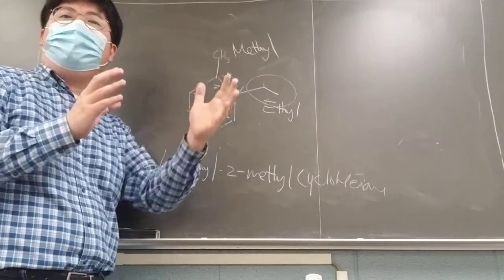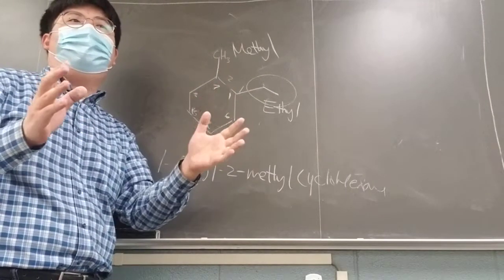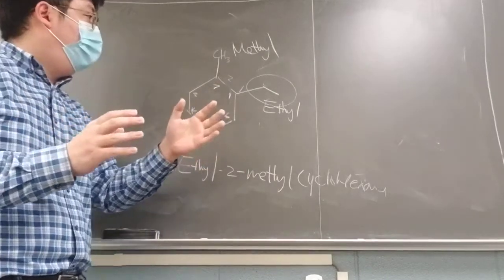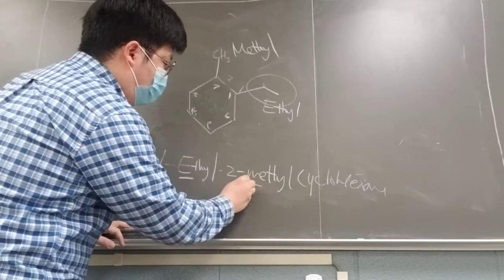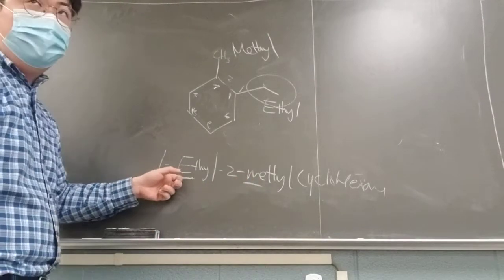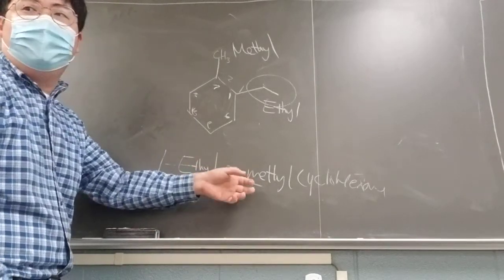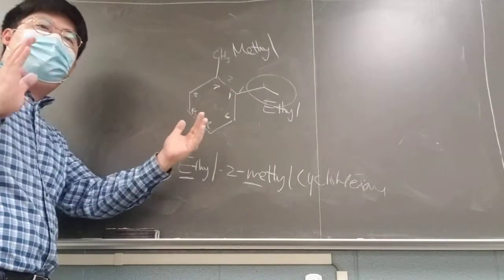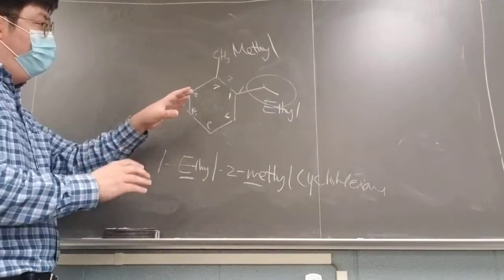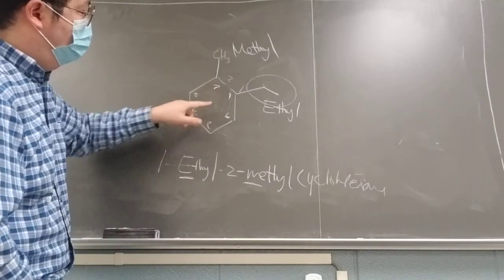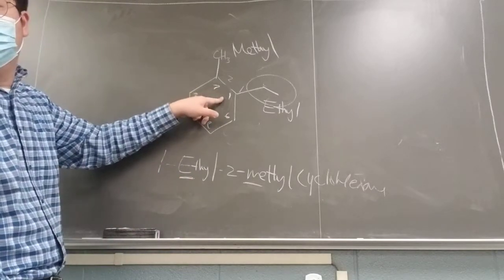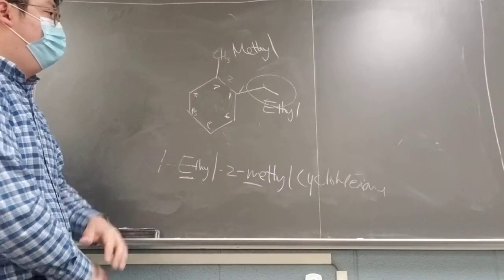In that case, we're going to choose the priority between these 2, which we normally do with the alphabetical order. Ethyl starts with E, the methyl starts with M. So E comes first in alphabetical order, then M. So we're going to put this first. To do that, I'm going to count the lowest possible number for the ethyl group first. I remember that. Oh, perfect.